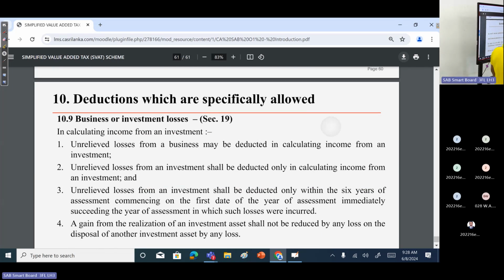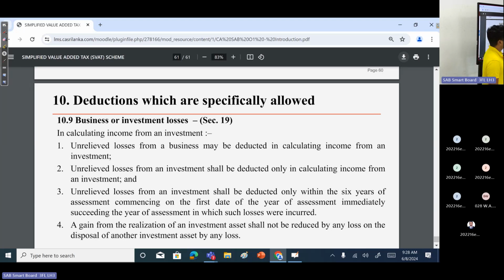Right. In calculating income from an investment. So this is from the investment income. We discuss investment income next day. So it says loss treatment in case of the investment income. Unrelieved loss from a business may be deducted in calculating income from an investment. So business loss can be deducted as against the investment income.